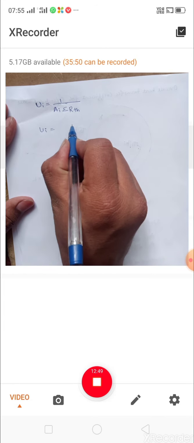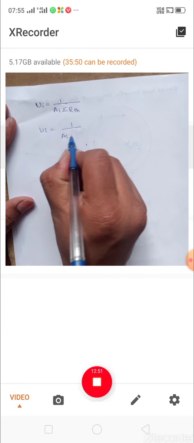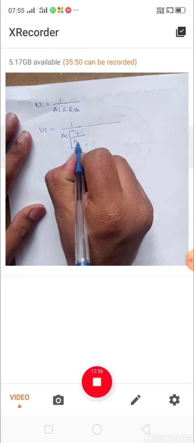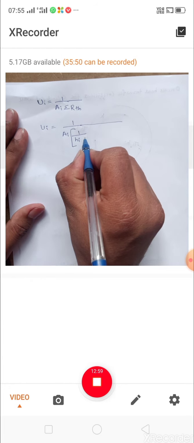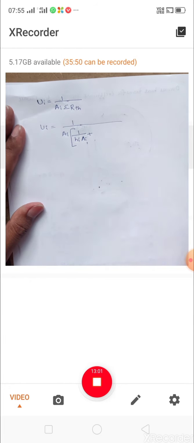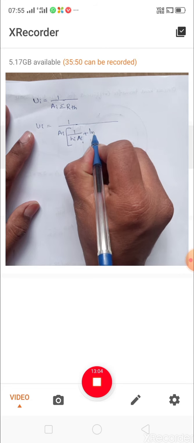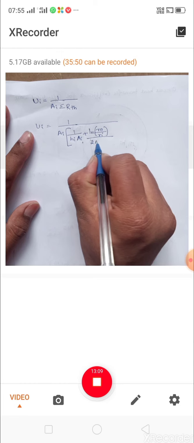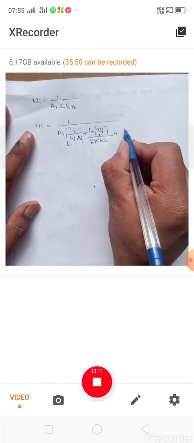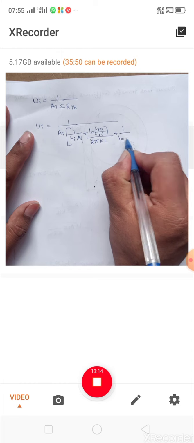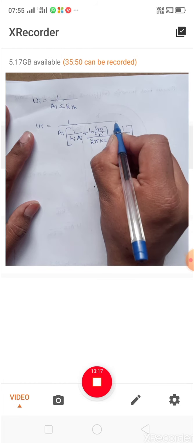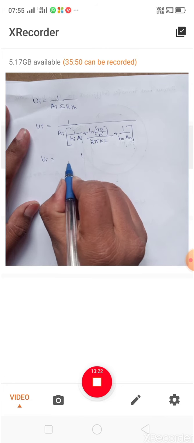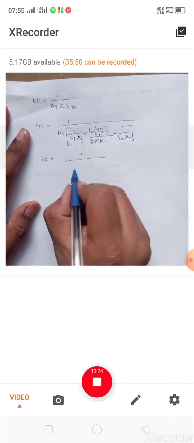Let me write all the thermal resistances here: 1 divided by Hi into Ai, plus log to the base e of R naught by Ri divided by 2 pi KL, plus 1 divided by H naught into A naught. Where Ui is equal to 1 divided by Ai, gets cancelled.